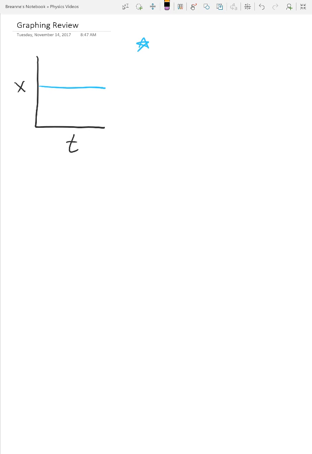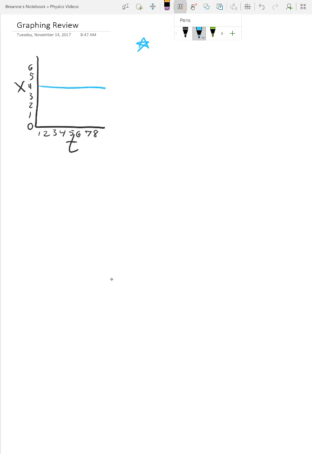If we had numbers here, that's our 0, we had 1, 2, 3, 4, 5, 6. So that's saying we are on position 4 for 1, 2, 3, 4, 5, 6, 7, 8. We're on position 4 for 8 seconds.